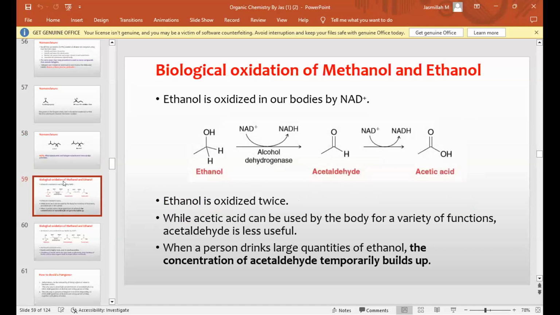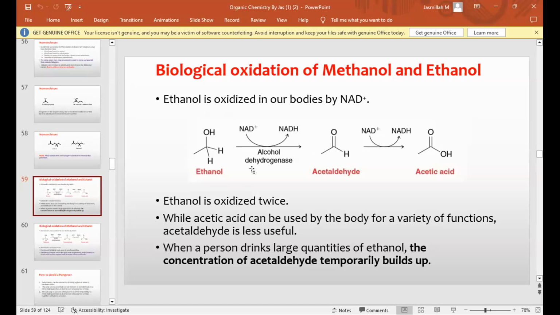Now we are going to start on alcohols. We are familiar with ethanol and methanol. Methanol is what is present in the alcohol that we drink. Ethanol is oxidized in our bodies twice.